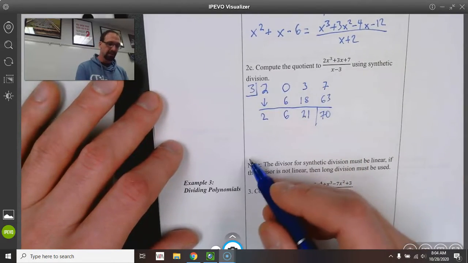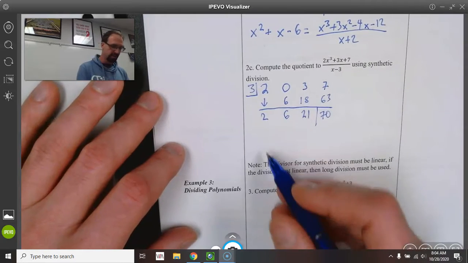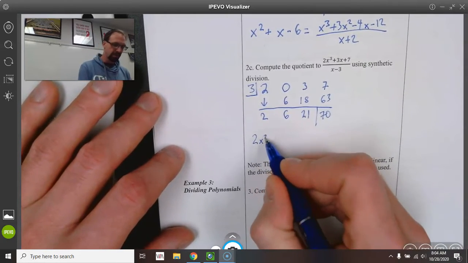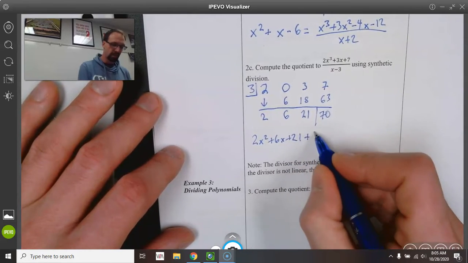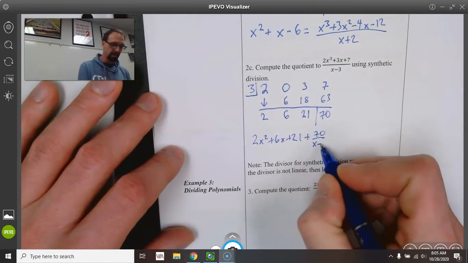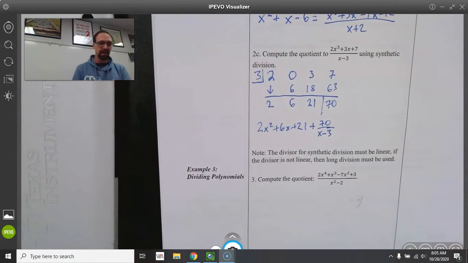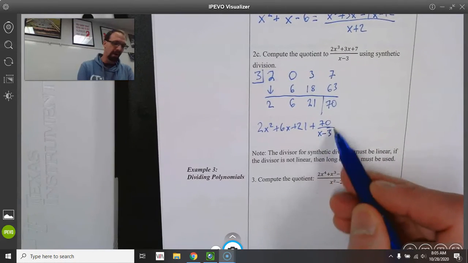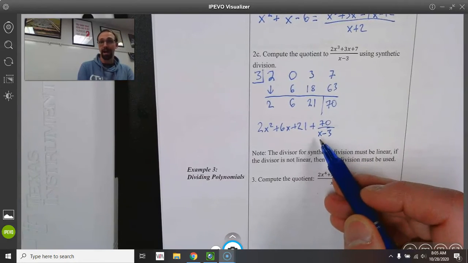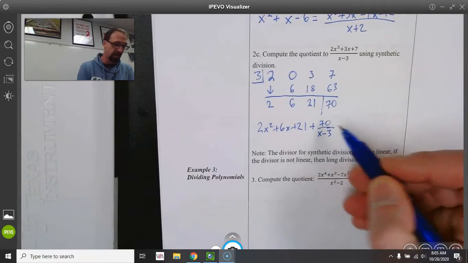So the result, the quotient to this division problem, is 2x squared plus 6x plus 21 with a remainder of 70 over x minus 3. Whenever I ask you for the remainder, unless I notate it in a particular form where we're multiplying by the x minus 3, please note that we need to write the remainder as a fraction over the x minus 3 to show that this is our remainder.